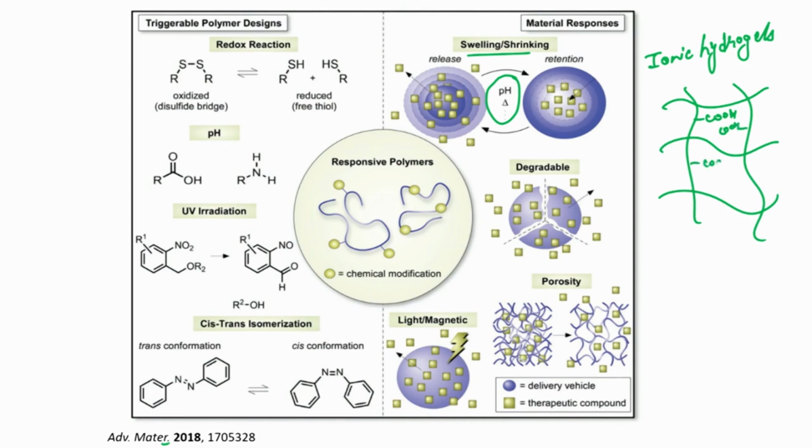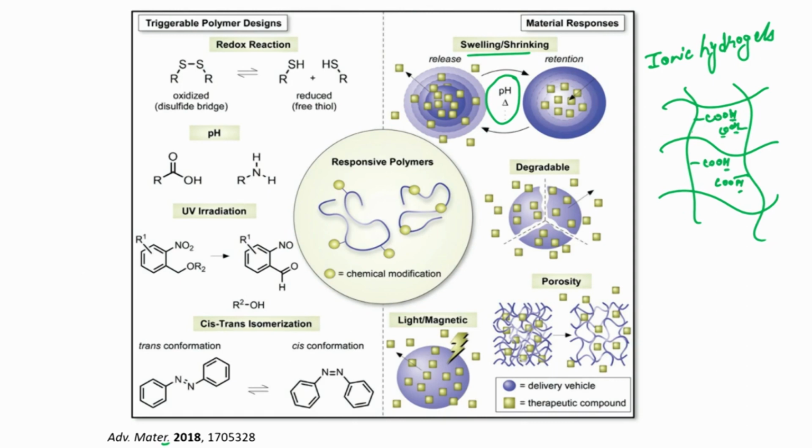So what will happen if there are a lot of carboxyls in this vicinity, that at low pH all of them are carboxyl and are protonated. So they will not lose their H plus, meaning that they are neutral charged.